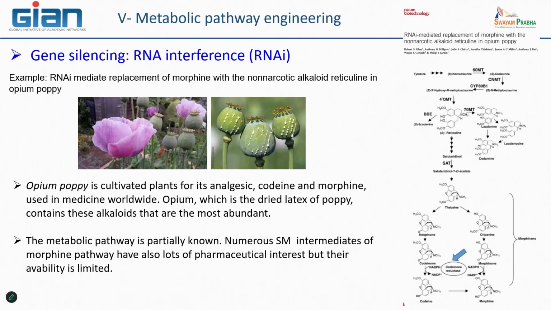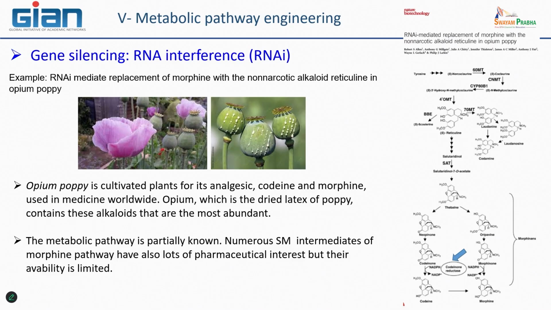The second example, which I want to discuss a little bit with you, concerns another strategy. In this case, it is in opium poppy, which is able to produce a particular latex in the capsule of the plant.